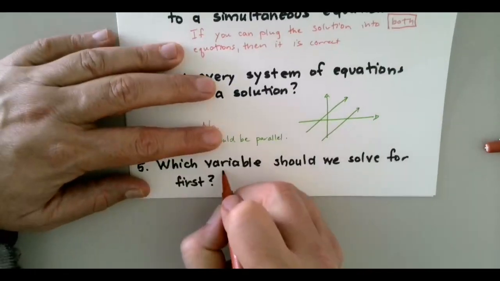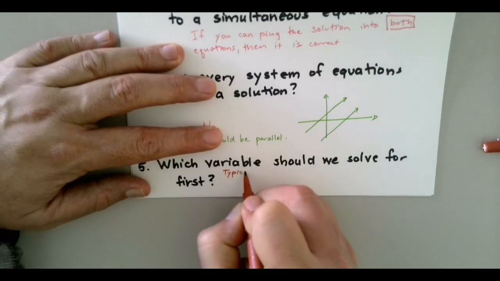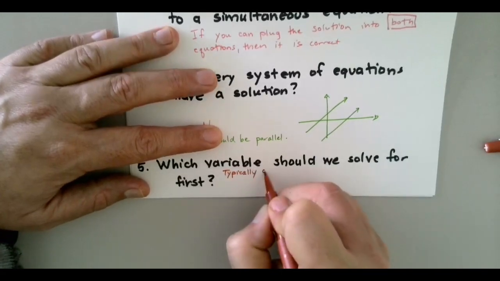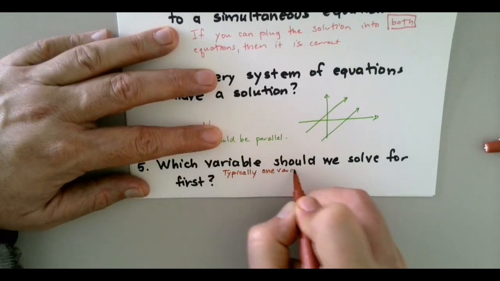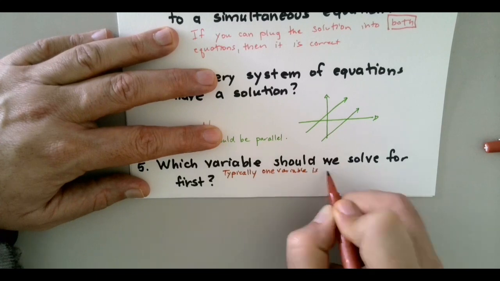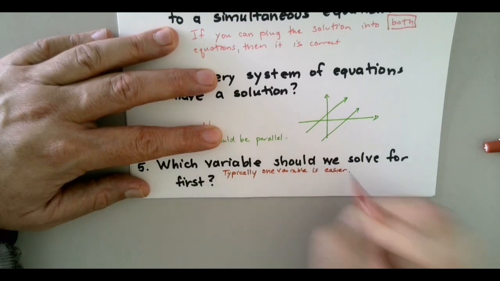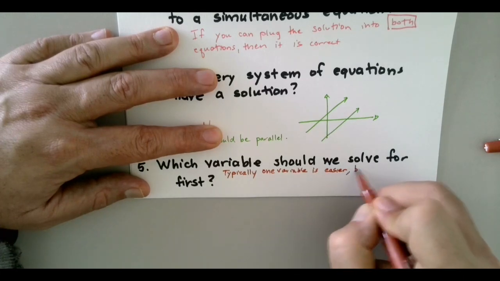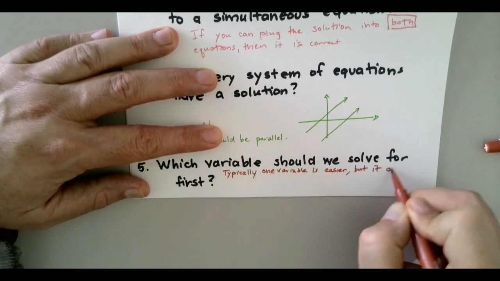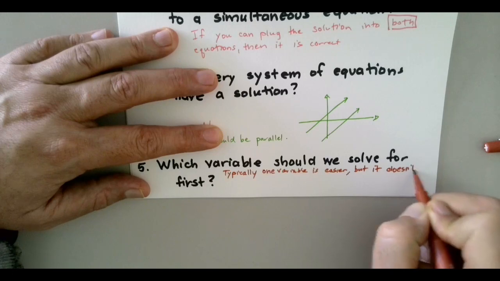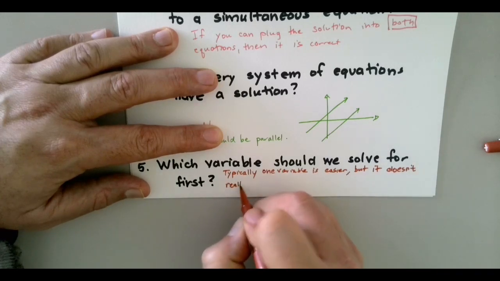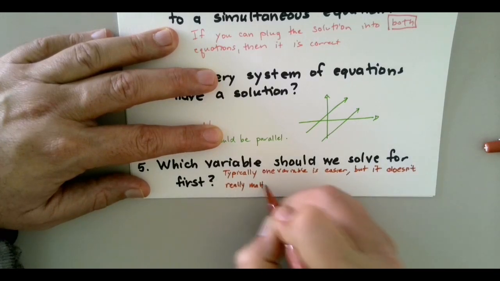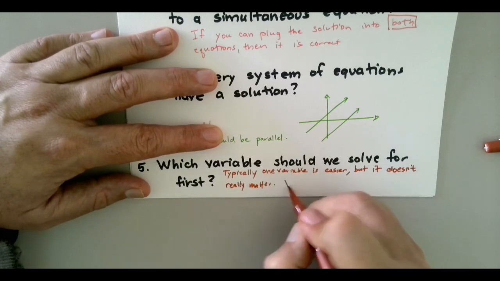So typically one variable is easier, okay? But it doesn't really matter. You choose.